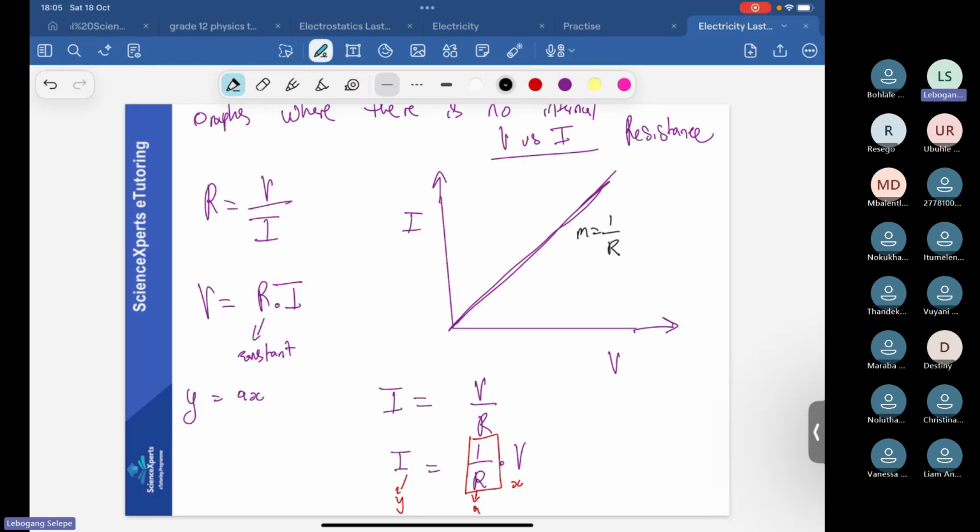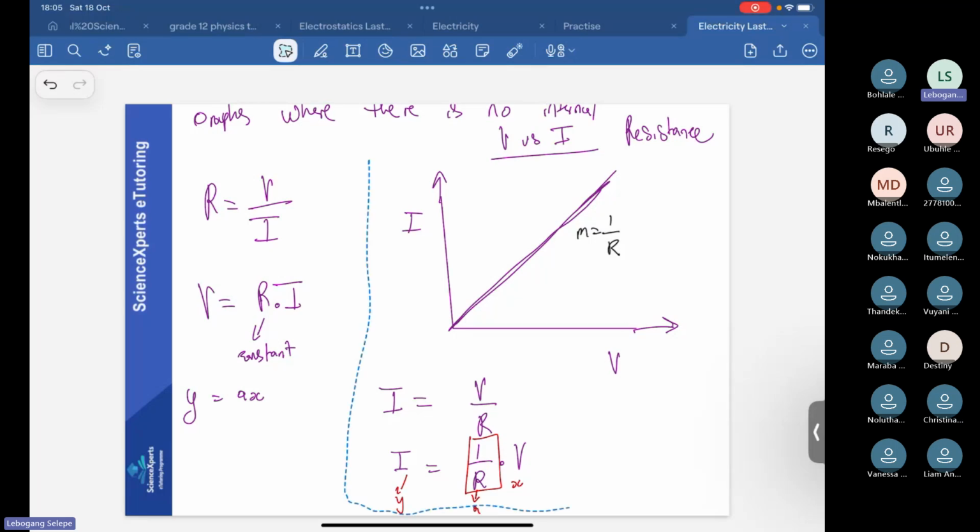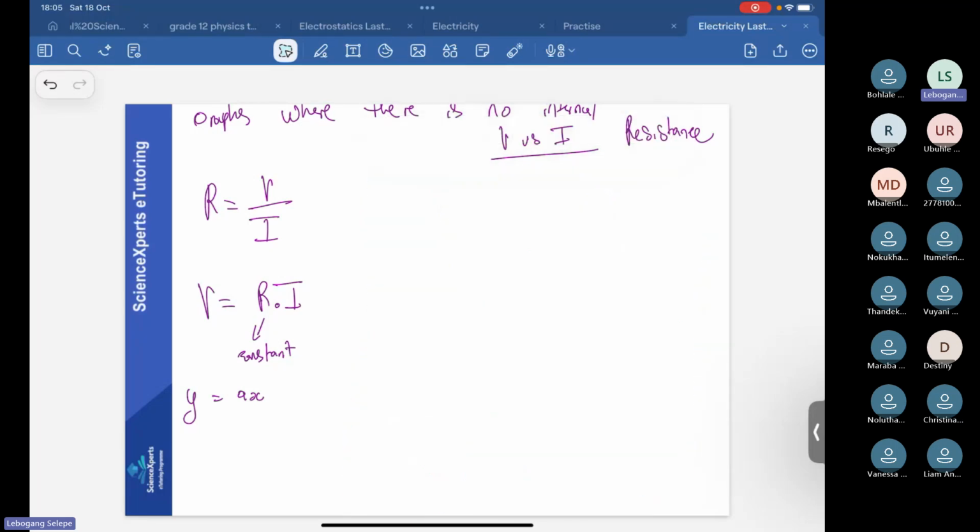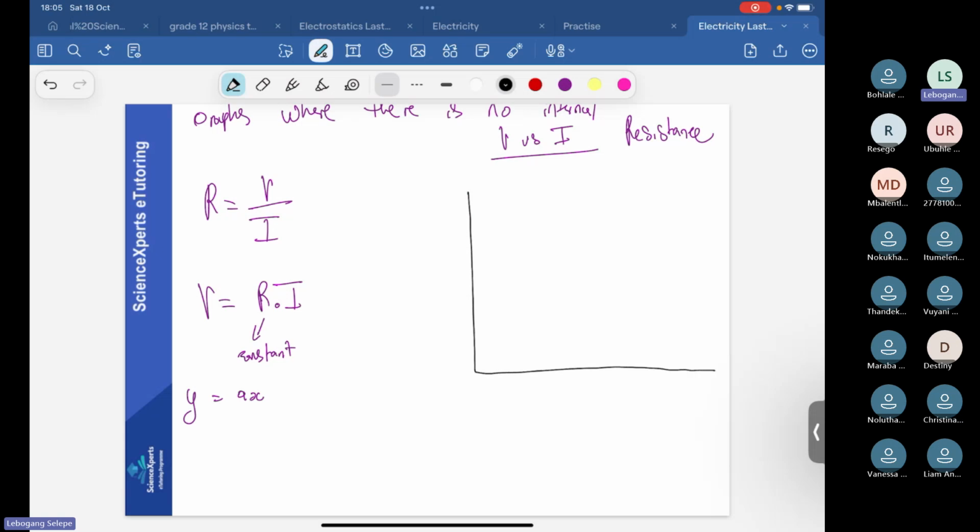So they can do something like this. These are scenarios where there's no internal resistance. Then the relationship between R and I, and we keep V constant.